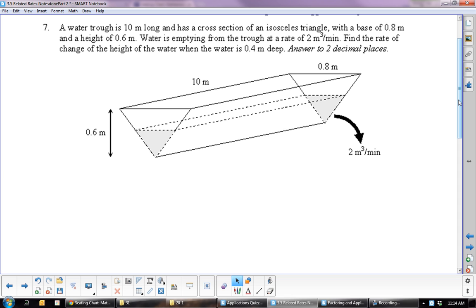And a cross-section of an isosceles triangle with a base of 0.8 meters and a height of 0.6. Water is emptying from the trough, so there must be a bit of a hole, at a rate of 2 meters cubed per minute. Find the rate of change of the height of water when the water is 0.4 meters deep.